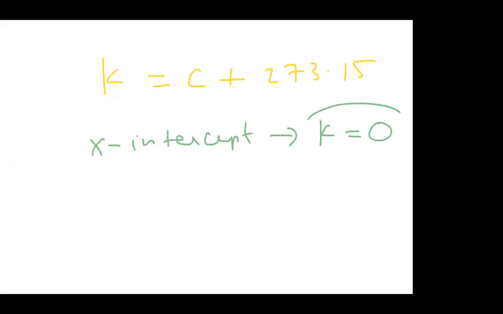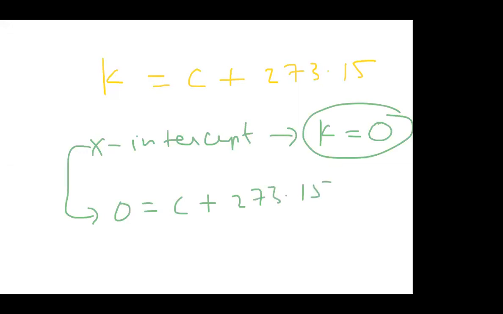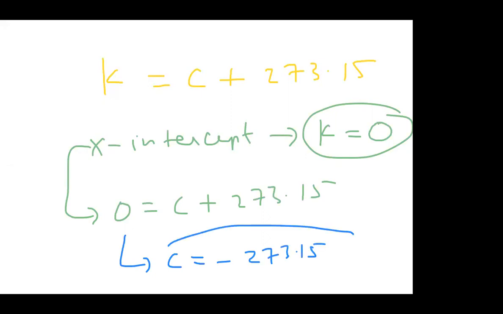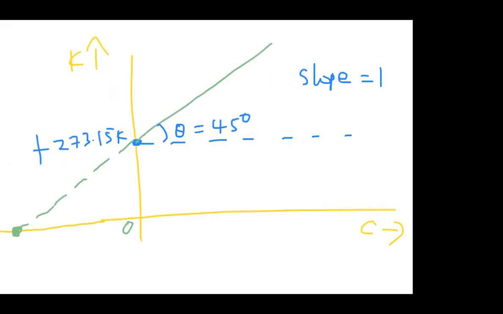We noted K is equal to C plus 273.15, and the y term, which is K, is 0. Then 0 is equal to C plus 273.15, which means C is equal to minus 273.15. So the x-intercept in the graph is minus 273.15. What quantity are we taking on x-axis? Centigrade. So let me write it as C.